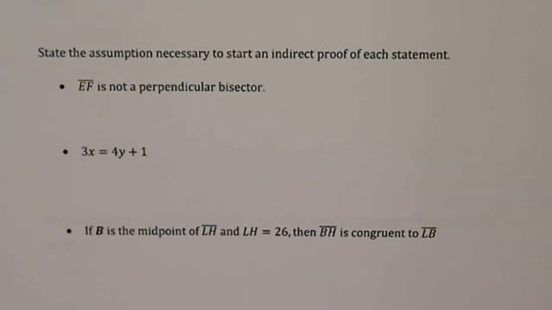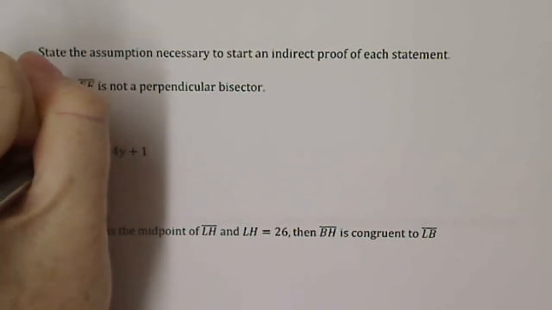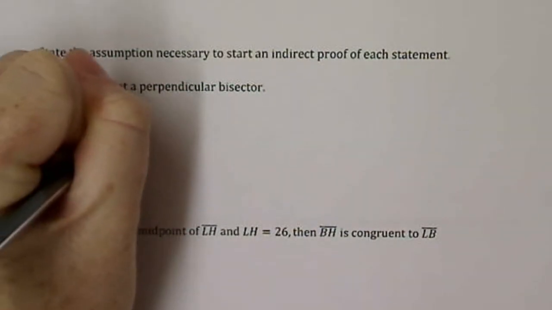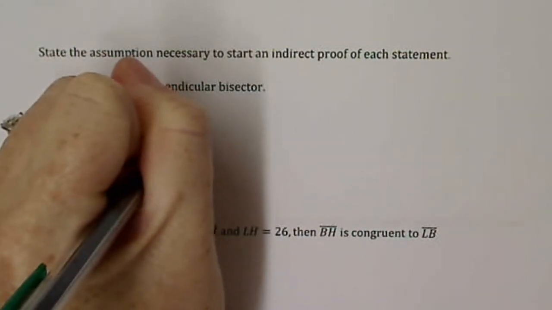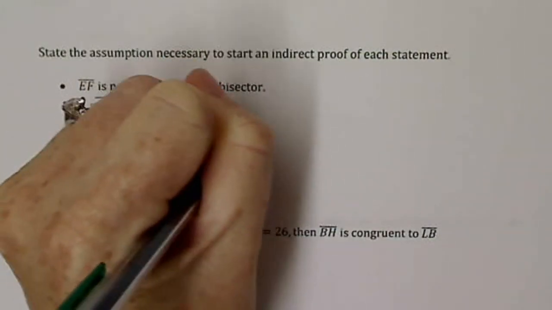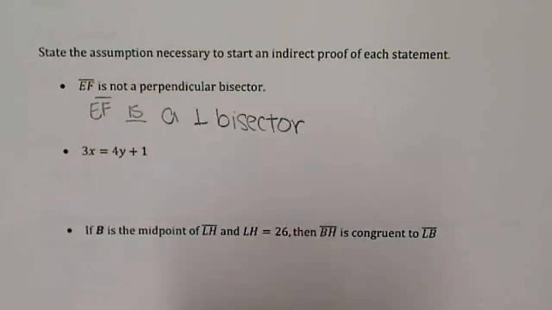So our statement that we would want to say is, I say EF is a perpendicular bisector. That's the statement that I'm making. I would then go on to prove that to be true.